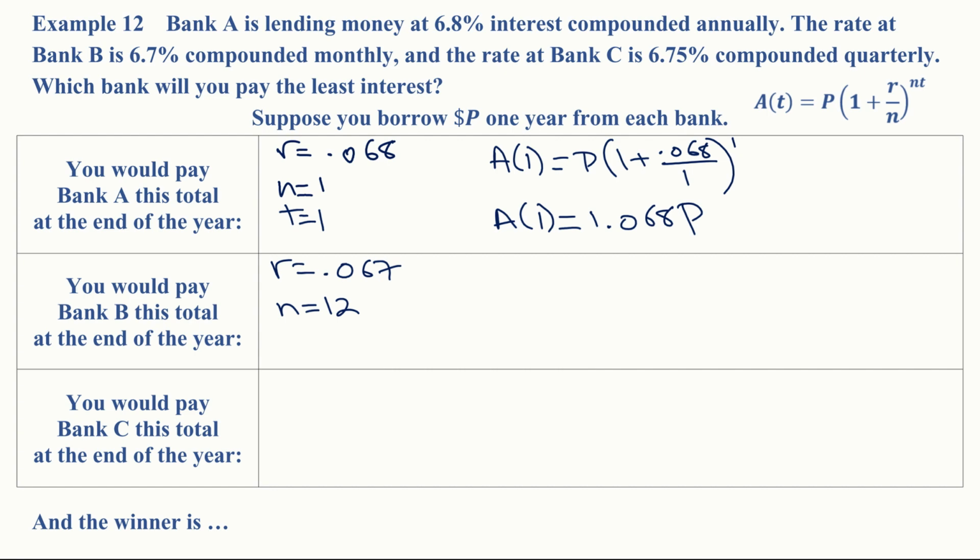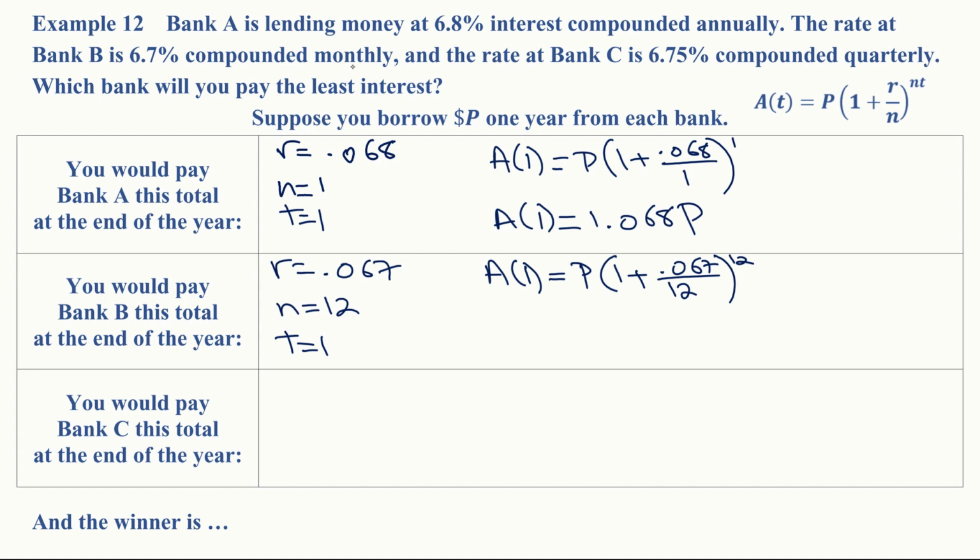And again, we're going with 1 year, so T equals 1. So for Bank B, A of 1 would be P times 1 plus 0.067 divided by 12, which is N, to the power of nt, right? So 12 times 1, which is 12.